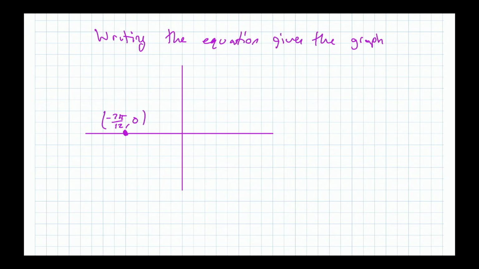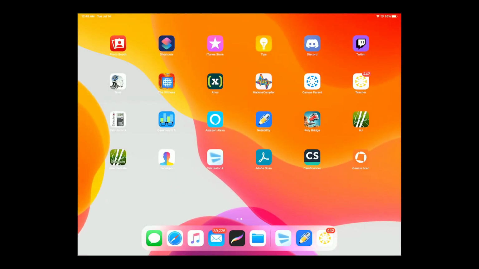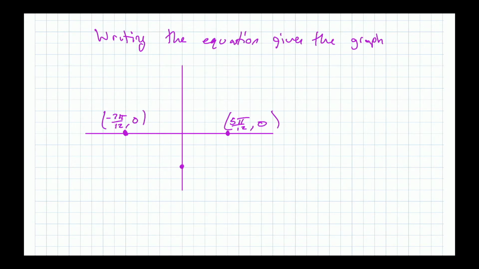We have another one, was it 5 pi over 12? Okay, 0. And then somewhere we've got the other one, like the middle section is down at 4. It's not there, it's like over here.